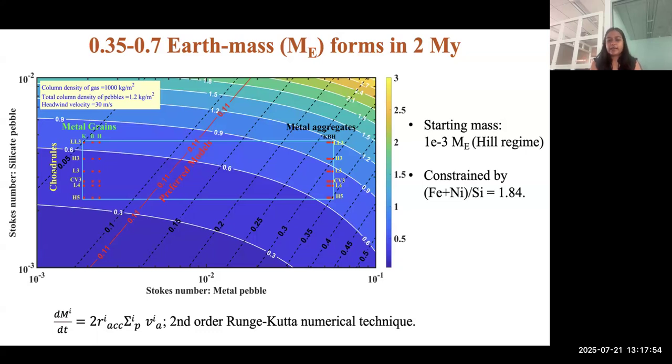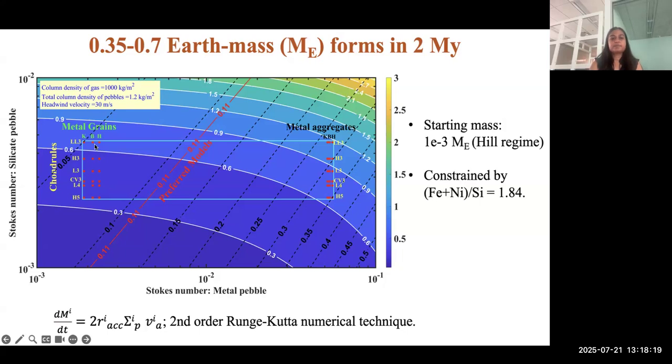I mentioned already that I am making the Earth only in the Hill regime, starting from about 10 to the power minus 3 Earth masses. And I constrained the composition of these models to start with a solar-like iron to silica abundance.